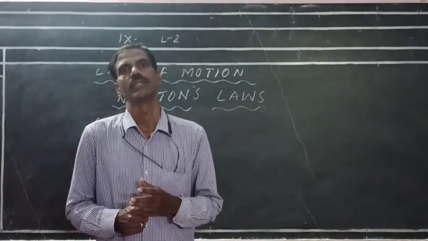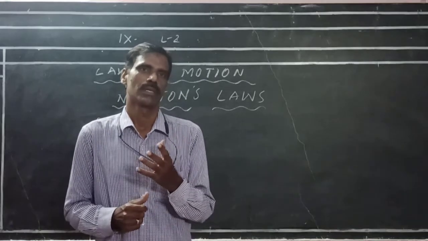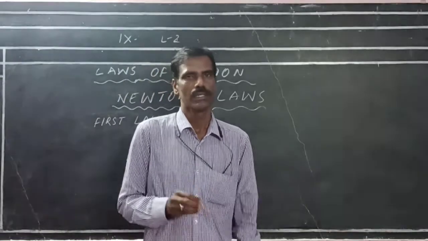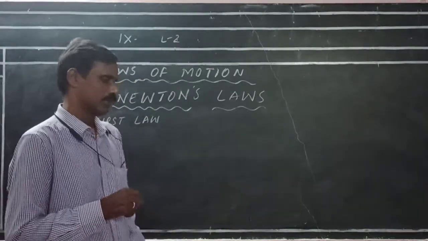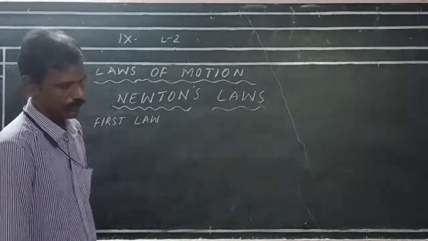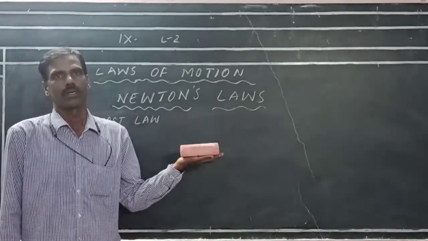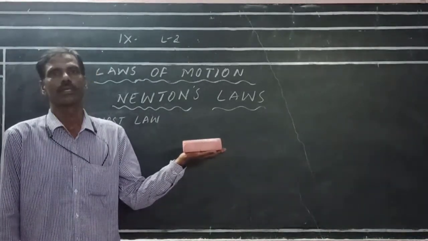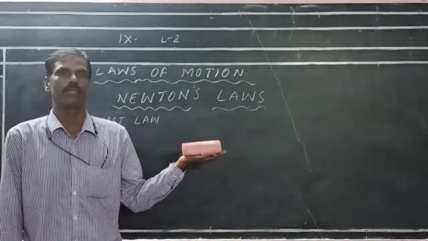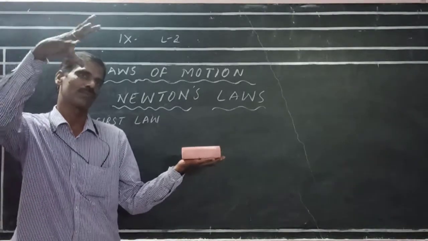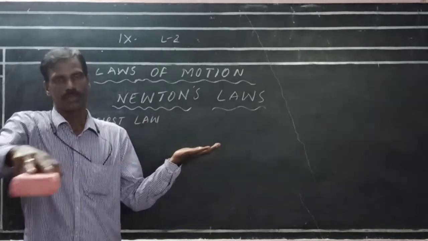Similarly, a body at rest tries to be at rest unless it is compelled by an external force. For example, if we place this duster here, it tries to be in this position unless some external force is applied to move it from this position.